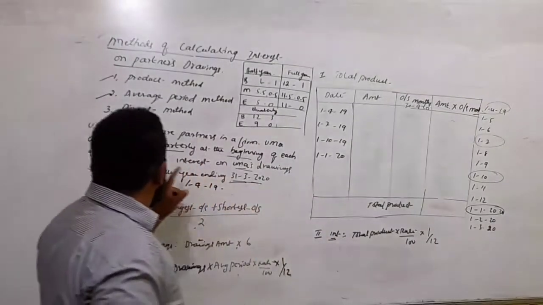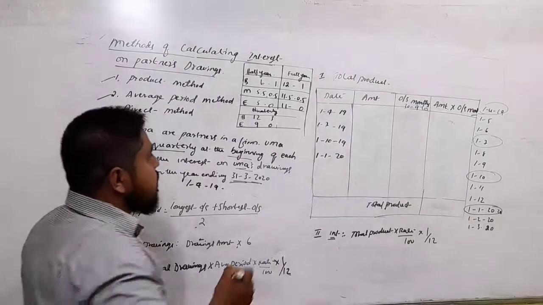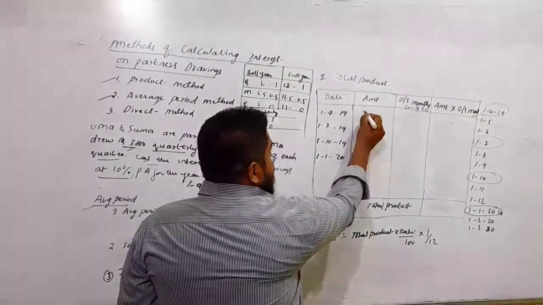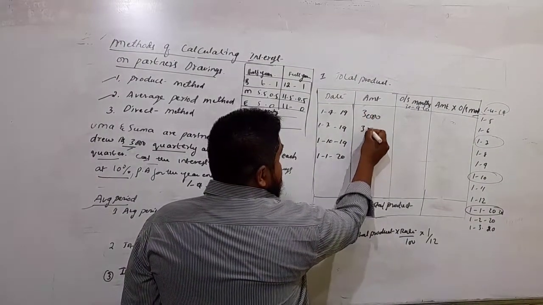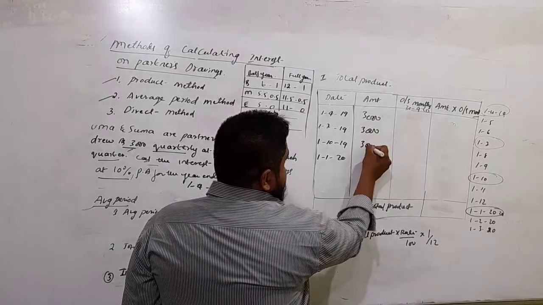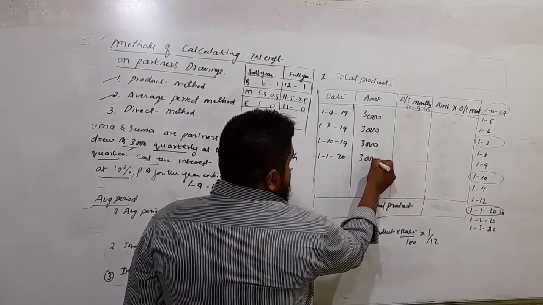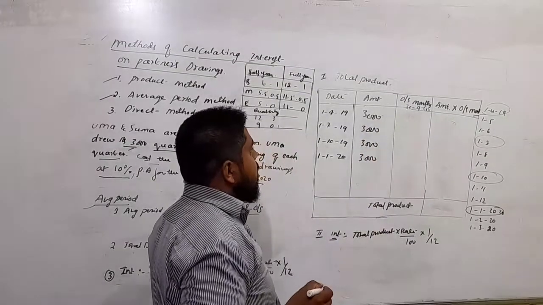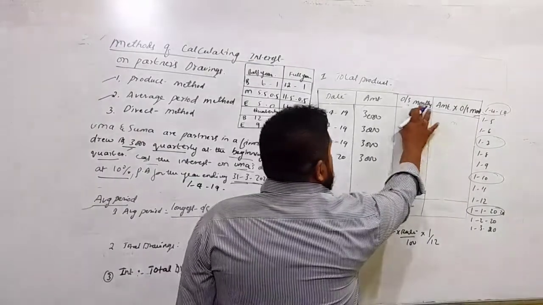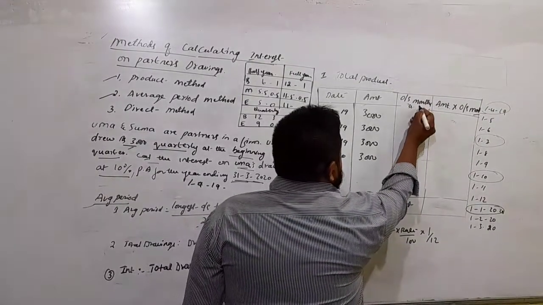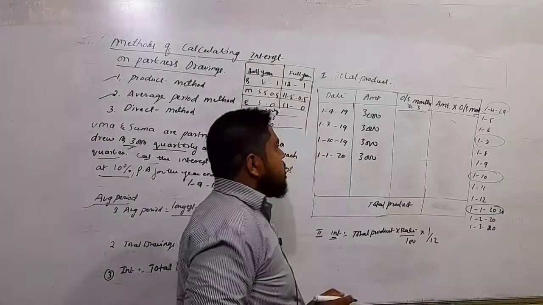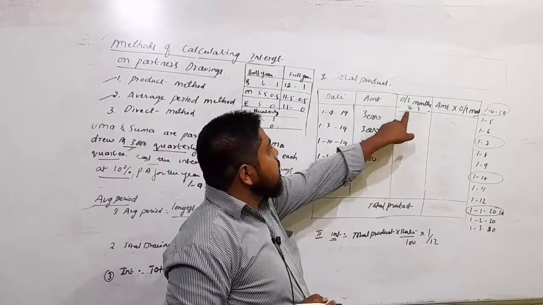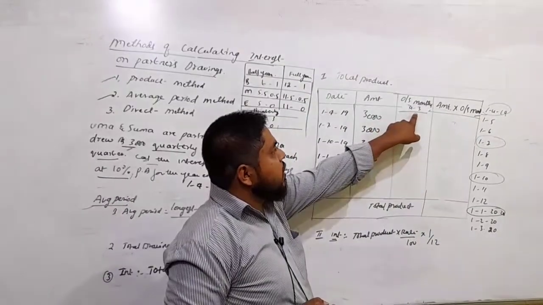Now, Uma has taken 3,000 at the beginning of each quarter. Now, outstanding months. So this is the full year, 31st March. So outstanding months, we have to find out till 31st March.